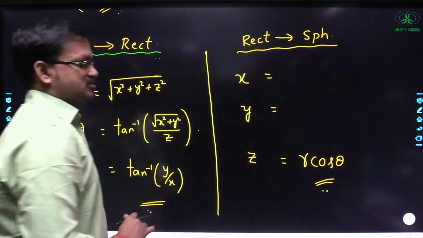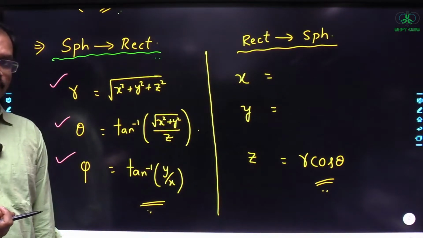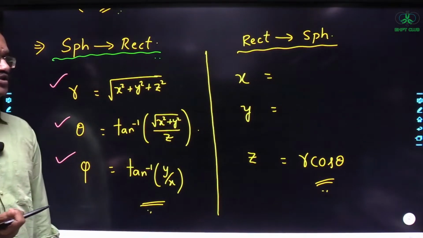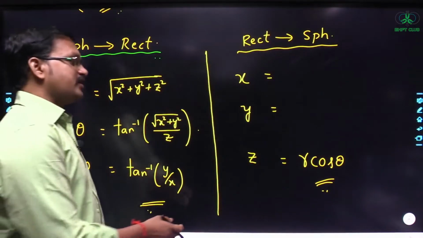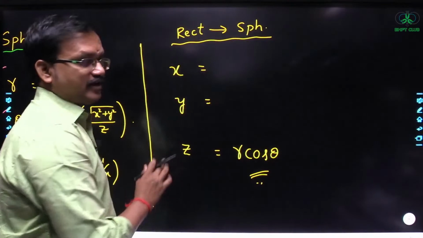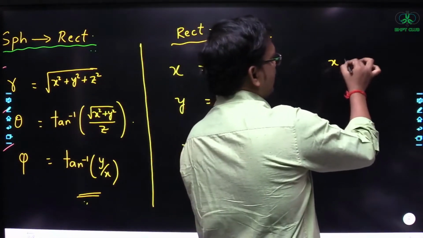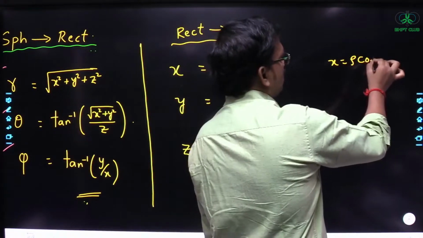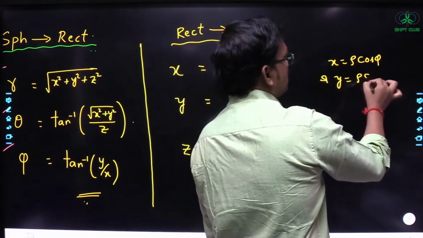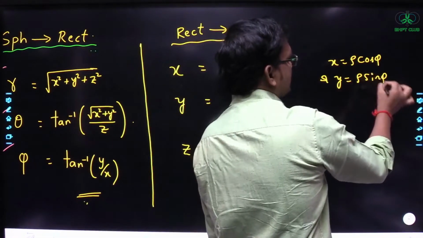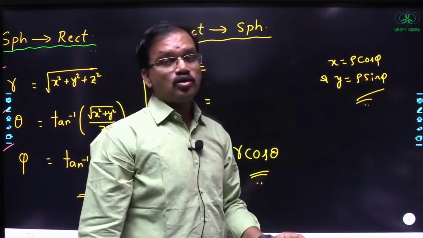Next, how can we write x and y in terms of the spherical coordinate system? In the cylindrical coordinate system we know that x is equal to rho cos phi and y is equal to rho sin phi.